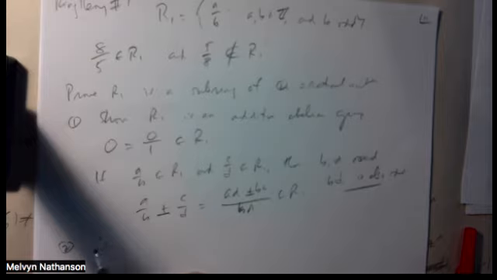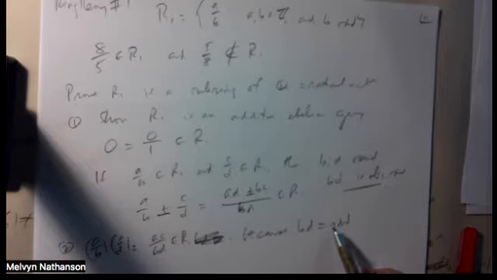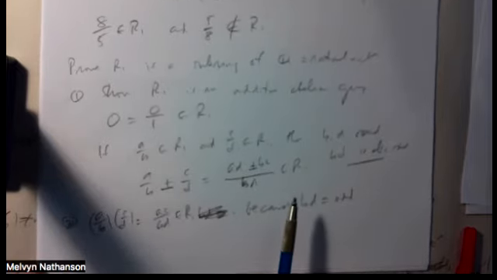What about multiplication? You take A over B times C over D, that's AC over BD. And again, BD is odd. So this is in R1 because the product of two odd numbers is odd. So R1 is closed under multiplication.